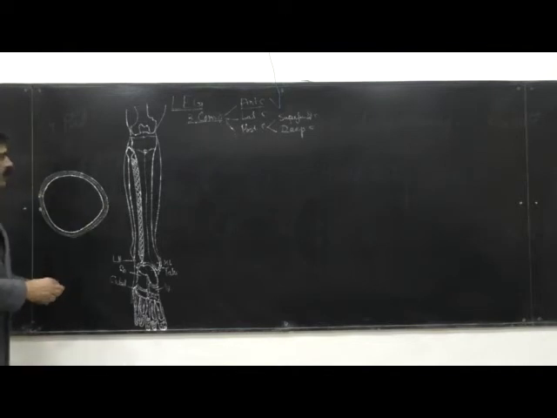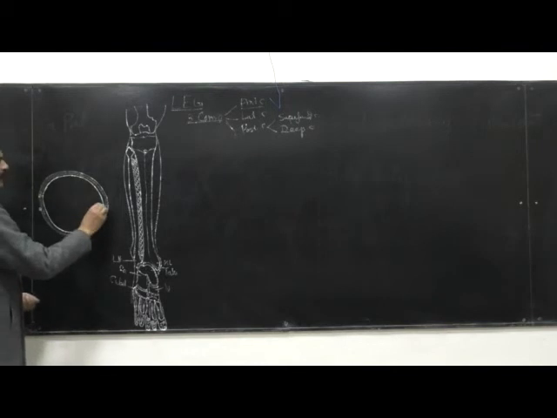And bones are also cut. The tibia bone is a triangular bone in cut section.